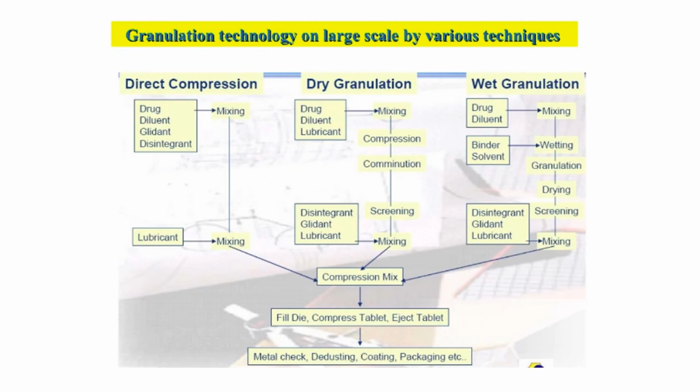These granules are again mixed with certain glidants and lubricants and passed to the compression machine to form the tablet. In industries, this dry granulation is carried out through specialized equipment called a Chilsonator roller compactor.